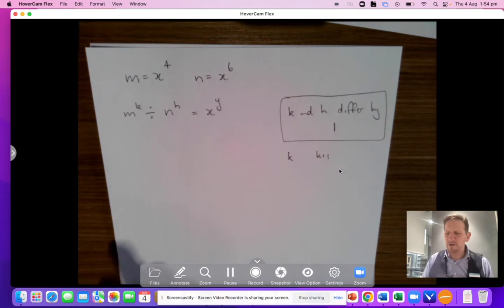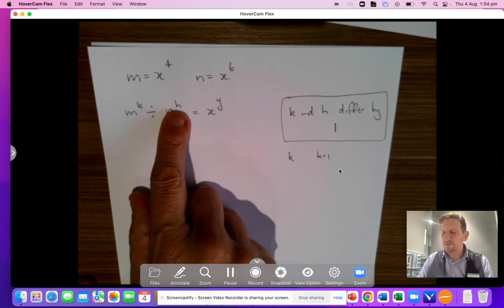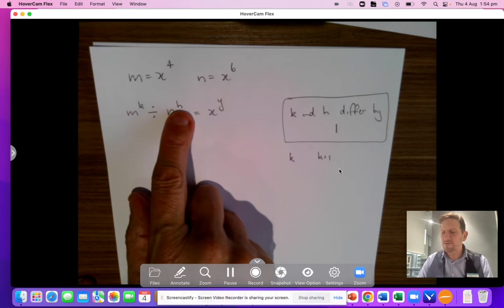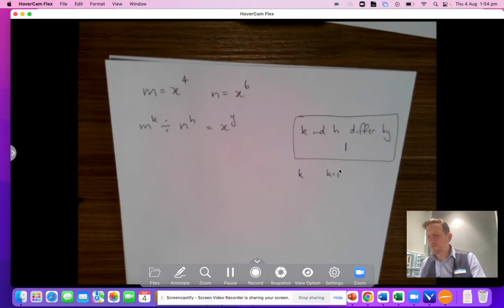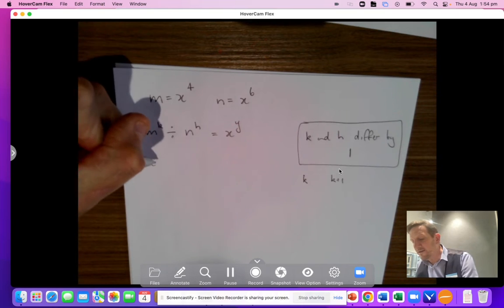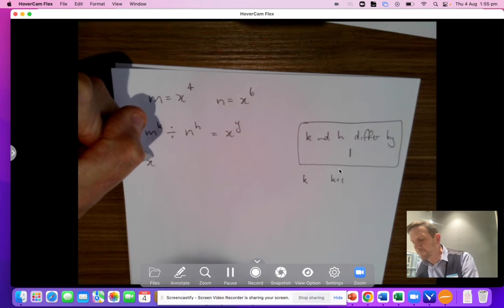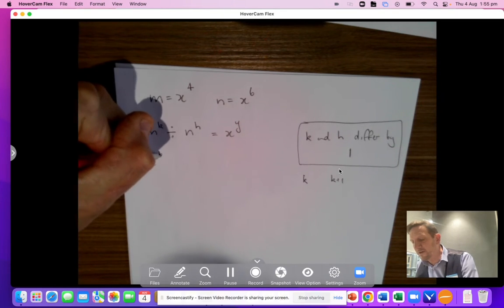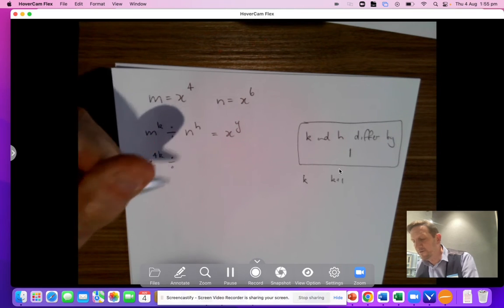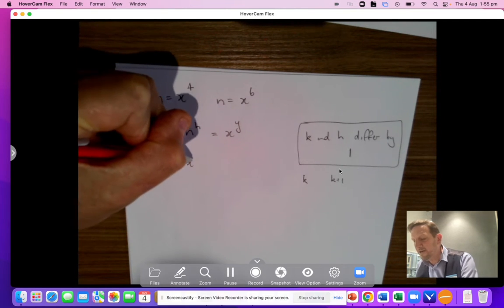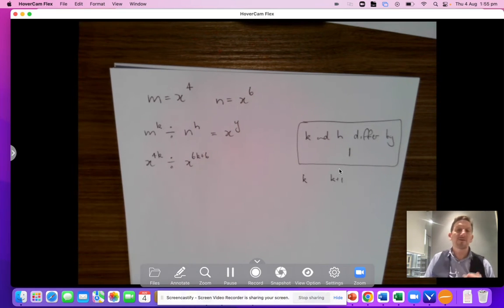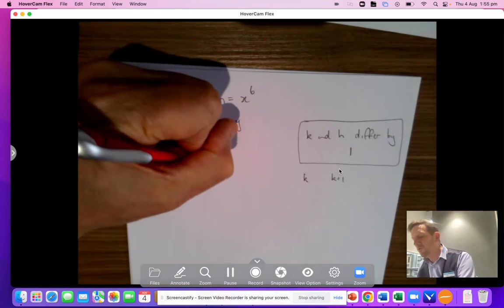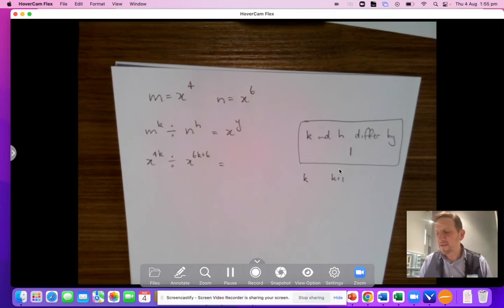So there's the two situations. This could be 1 more than that, or this could be 1 less. So let's start with h equals 1 more. So what have we got? We've got x to the power of 4k divided by x to the power of 6 lots of k plus 1. What would y equal in that case?